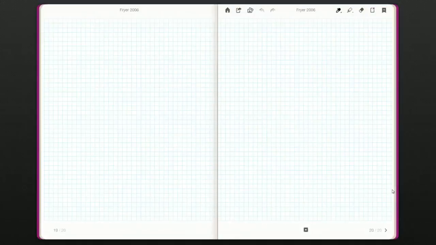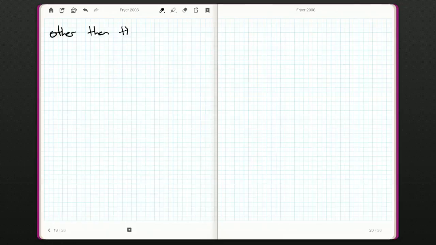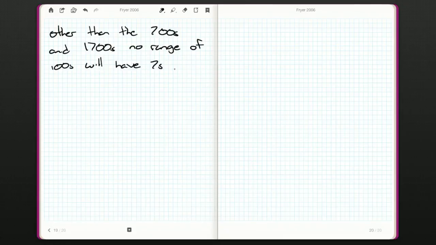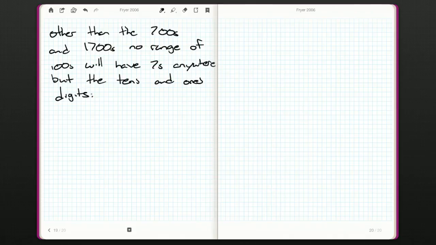So, one might say, other than the 700s and 1700s, no range of hundreds will have 7s anywhere but the 10s and 1s digits.